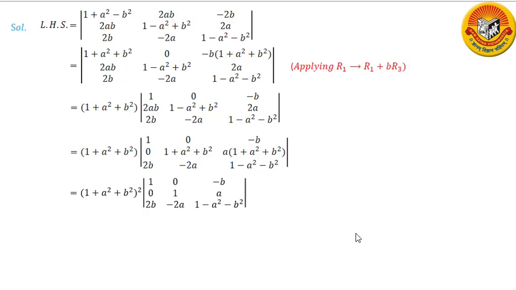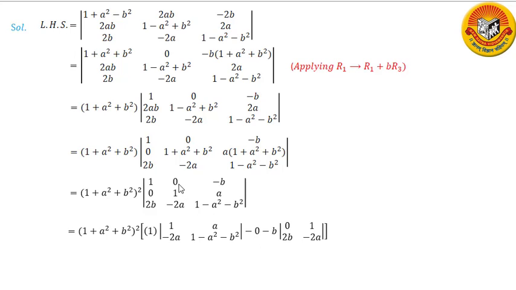Now next, what can we do? We can expand this determinant along any row or column. So we have expanded along the first row. So 1 into, I leave this column and this row, I will get 1 minus 2a, and here I get a, 1 minus a square minus b square.